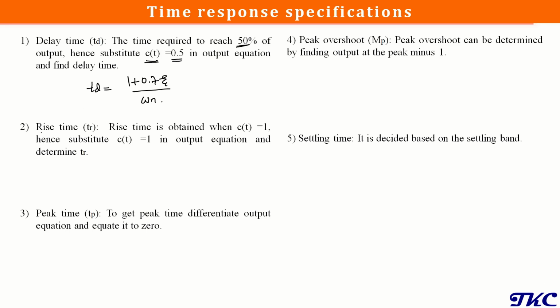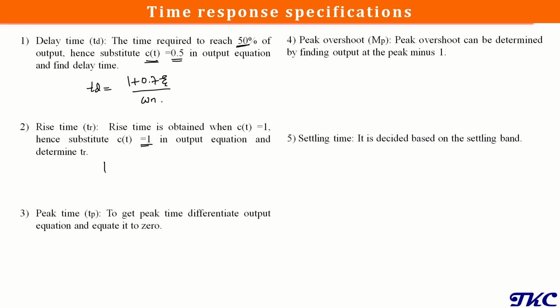Now in the same way we can determine the next parameter, that is rise time. So rise time we define as the time required for the system to reach the desired output. So the desired output in a normal condition is 1. So here, in order to get the rise time from the output equation, we need to substitute output as 1, and then we can determine the rise time.